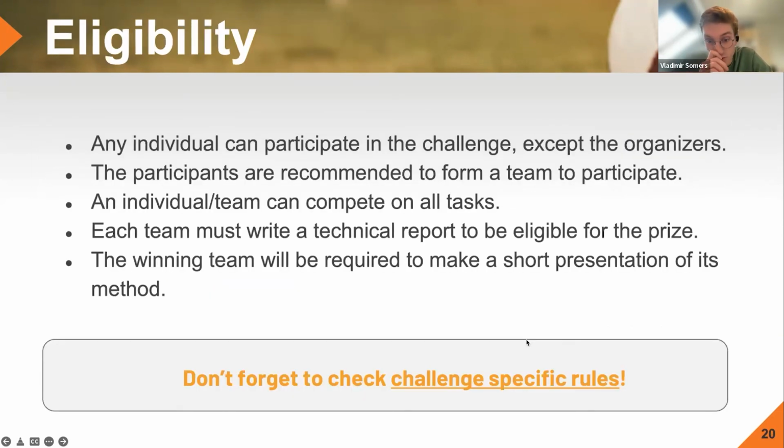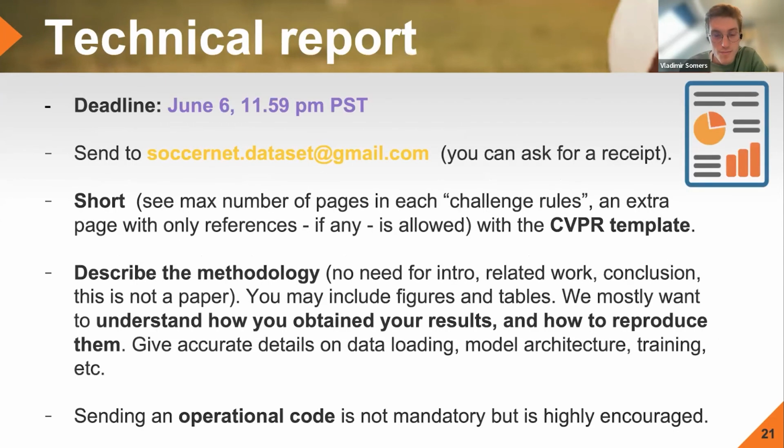Here is a copy-paste of the eligibility rules that Anthony presented yesterday. If you want to know more about those rules, please have a look at the GitHub or at the tutorial from yesterday, the first tutorial. About the technical report, here are also the rules.